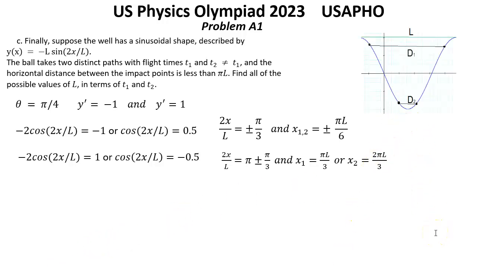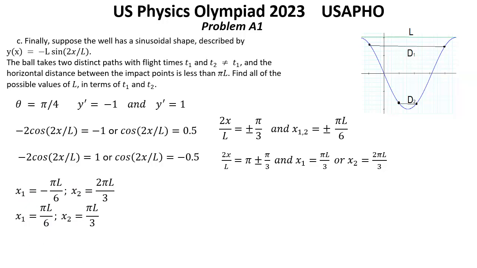So on the same level of y as a function of x, we have two pairs of solutions, this one and this one, which corresponds to two pairs of points, x1, x2 and x1, x2.